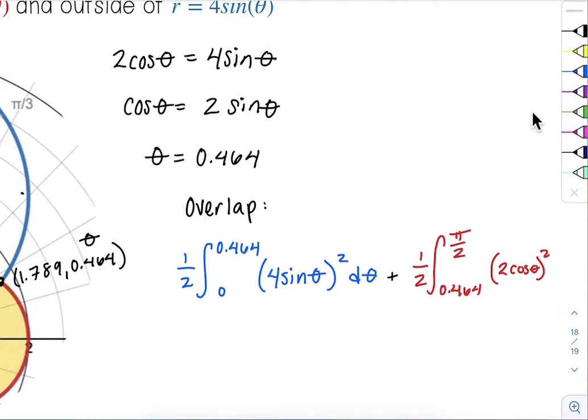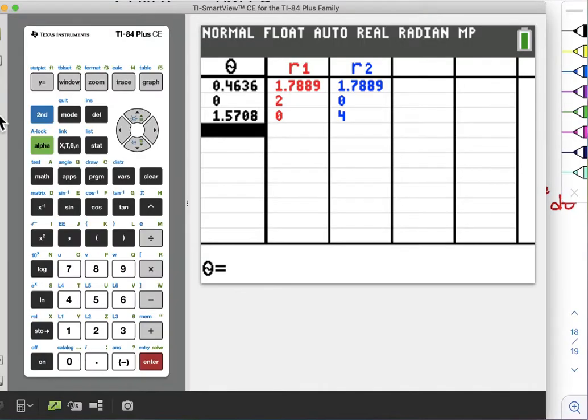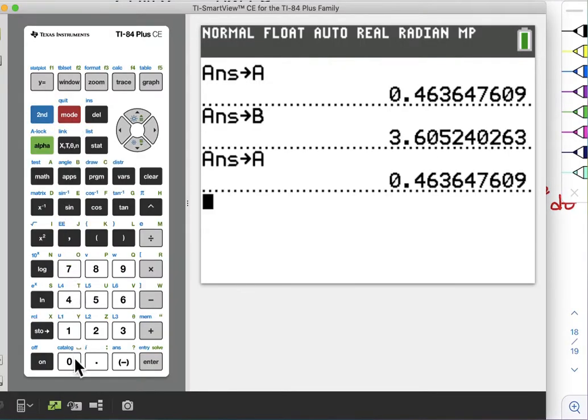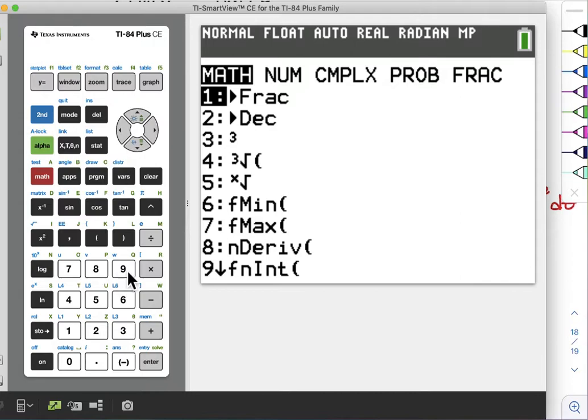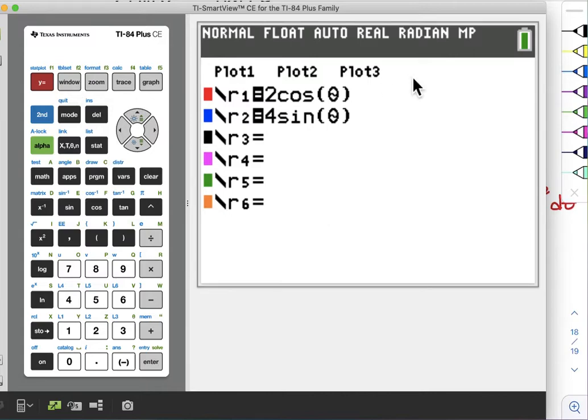Just move that up out of the way. So now all I'm going to do is go to my calculator and type this in. We're going to go to our home screen. I got 0.5, math 9 for my integral. I want to go from 0 to my intersection point at A of my second curve squared. I have that in R2.